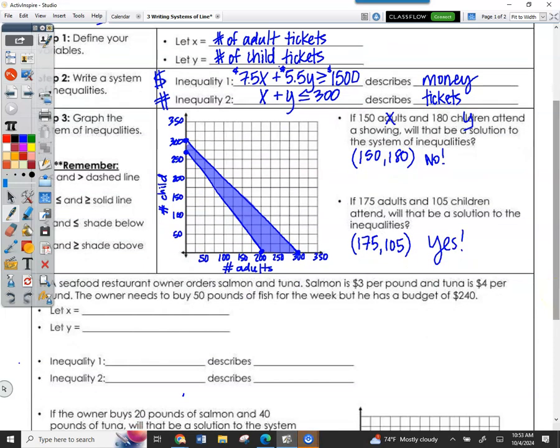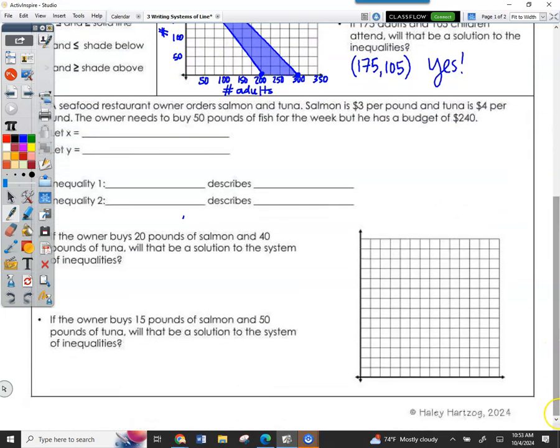All right, let's come down here and do this next one together. A seafood restaurant owner orders salmon and tuna. Salmon's $3 per pound and tuna's $4 per pound. The owner needs to buy 50 pounds of fish for the week, but he has a budget of $240. What do you think we're going to assign X and Y to? I'm going to assign it in the order it presented.